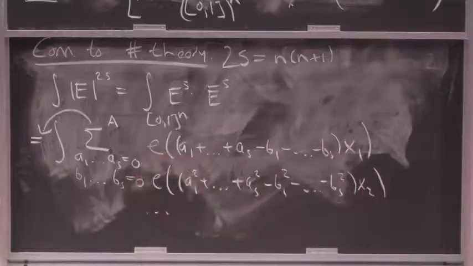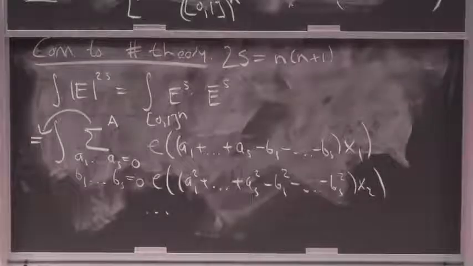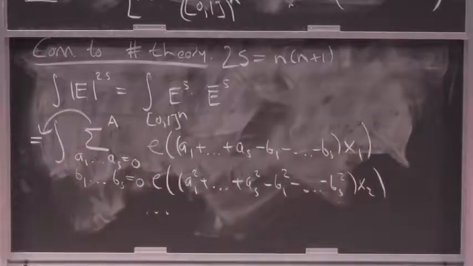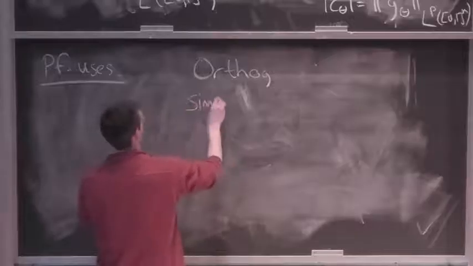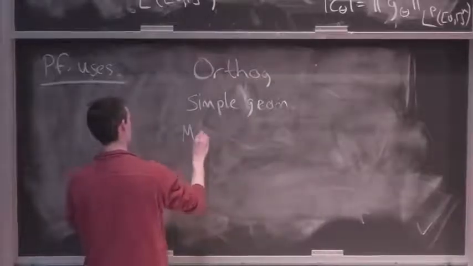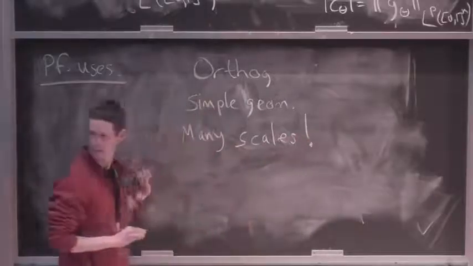I said that the ingredients of the proof are pretty simple. Let me write down the ingredients. The proof uses orthogonality. It uses some simple geometry that we'll talk about later. And it uses looking at the problem at many scales, and I'm going to put an exclamation point there.